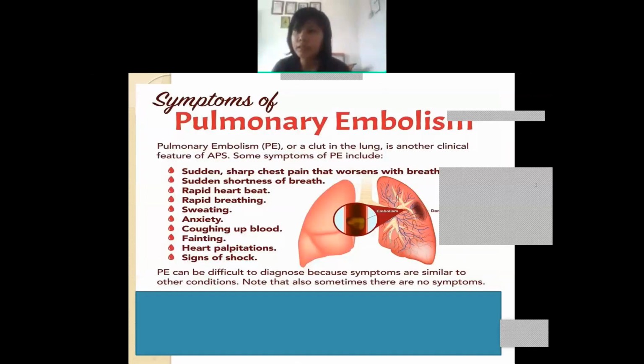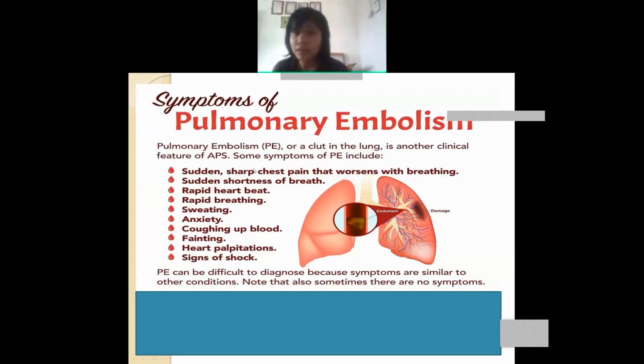And you will also find some symptoms in the pulmonary embolism. Sudden chest pain, difficulty in breathing, then the heart will also be affected. There will be rapid breathing, means the person will breathe very fast, and the person will sweat also, because there are some abnormalities going on inside.